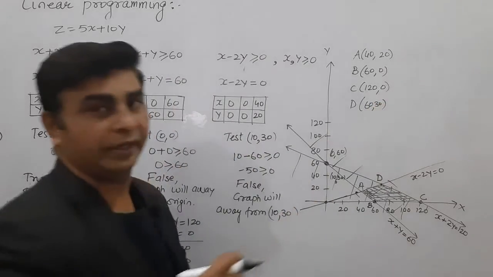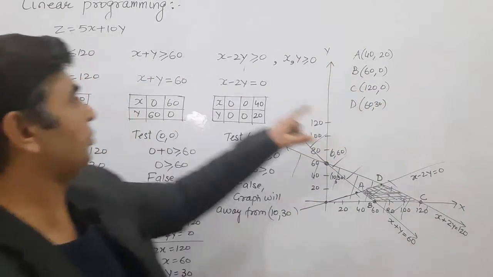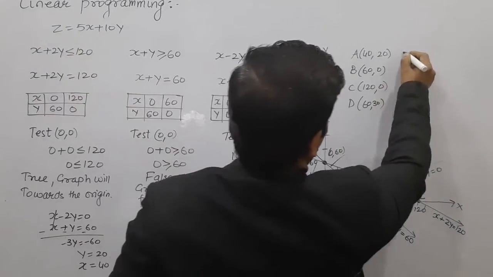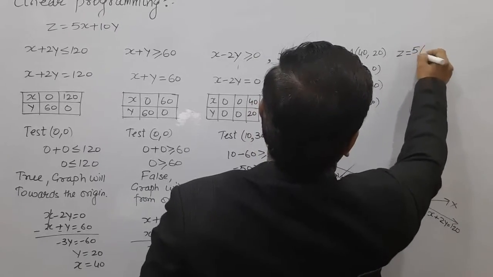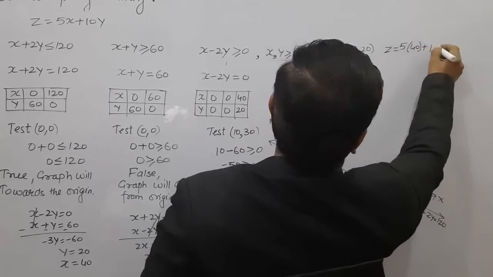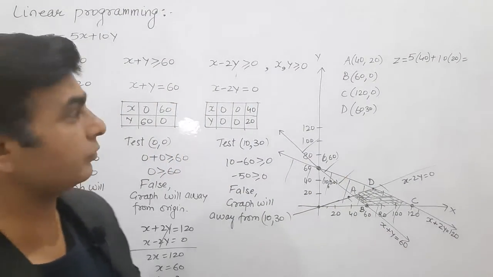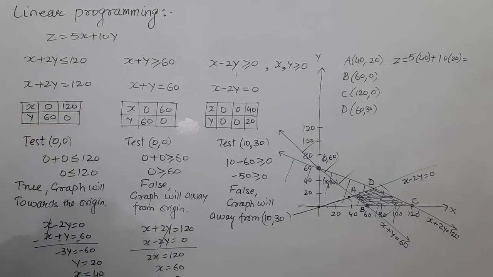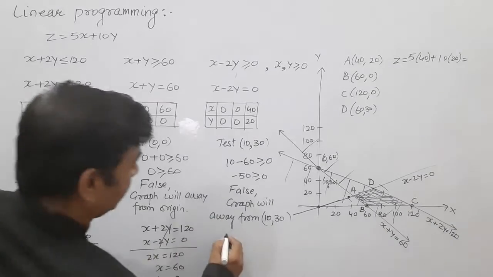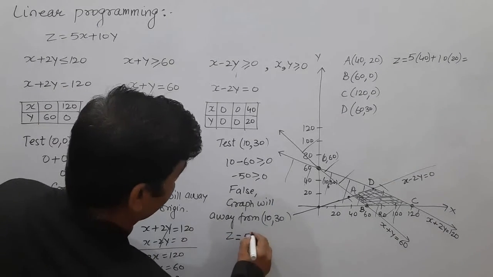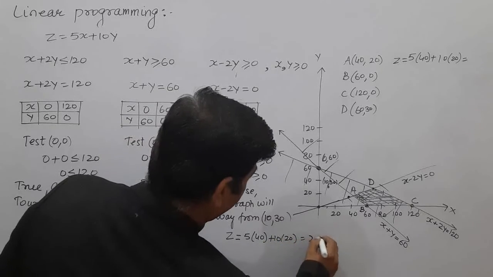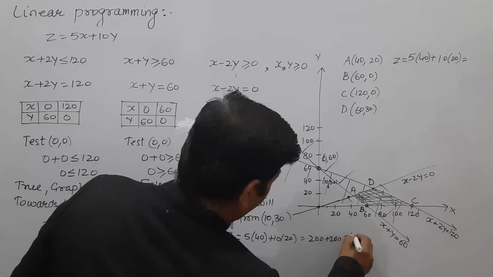So because we want to find the value of z, so all 4 points need to be put in the function of z. So Z, first point is your 5 times of 40 plus 10 times of 20 will give you your 200 plus 200, which is equal to 400.